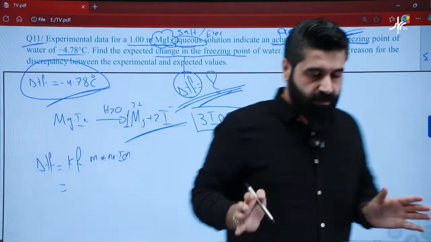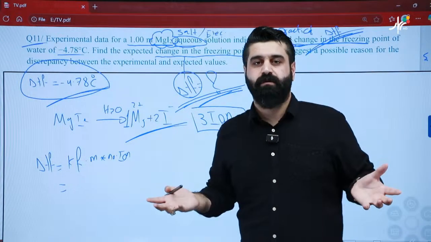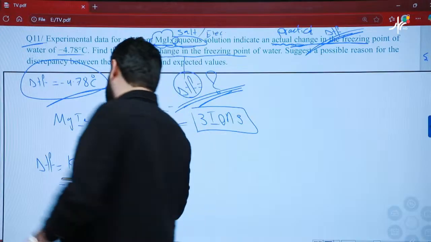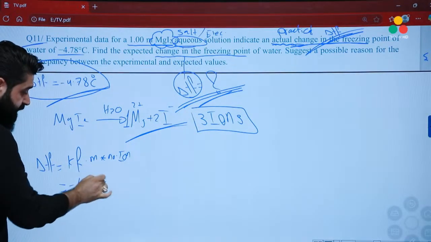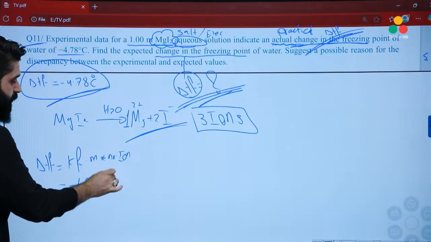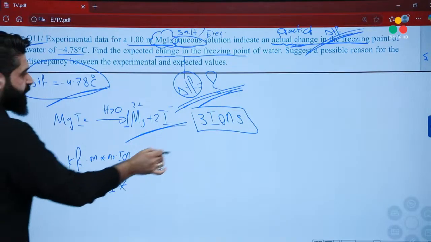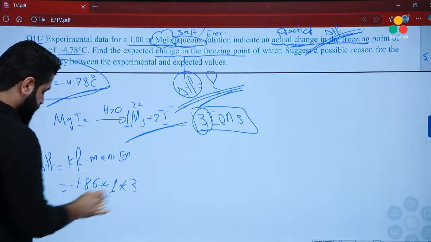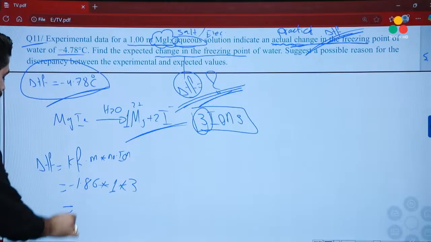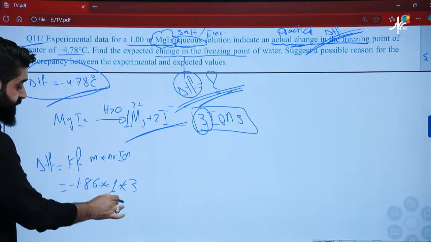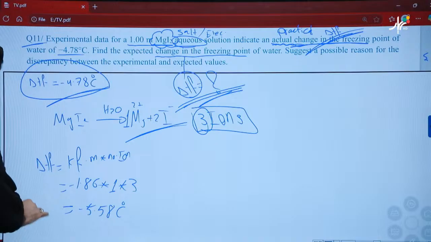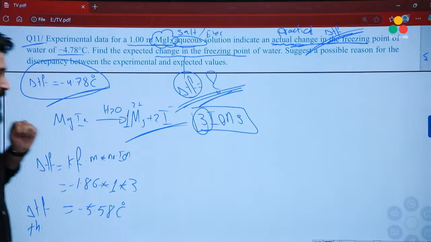Kf for water is negative 1.86, multiplied by the molality 1, times number of the ions 3. So the result is negative 5.58 Celsius degree. So now both values are different. This is the theoretical delta TF, but this is the practical one.